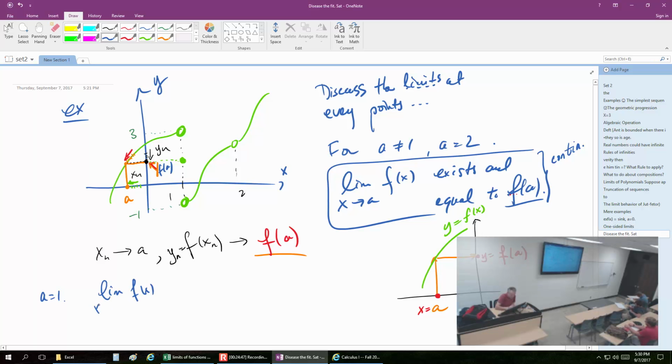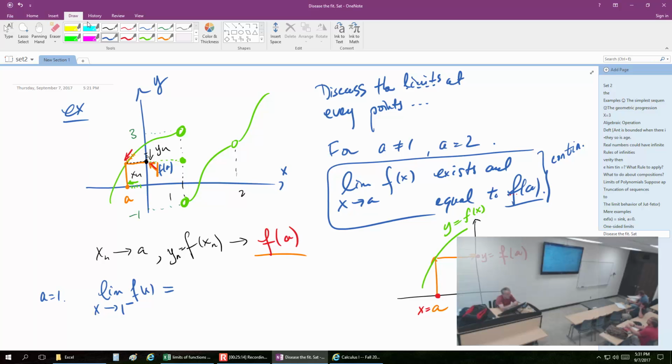So what is the limit of f of x as x approaches 1 from the left, subscript minus? So what do we get? Remember, we are throwing out the whole graph pretty much.